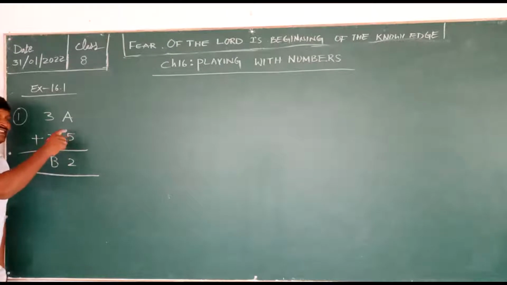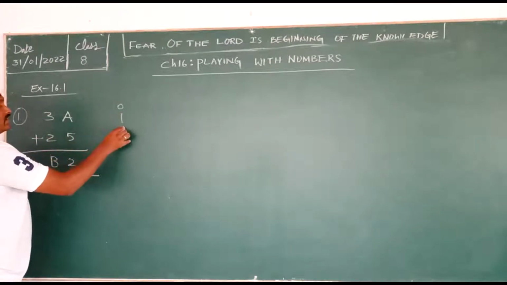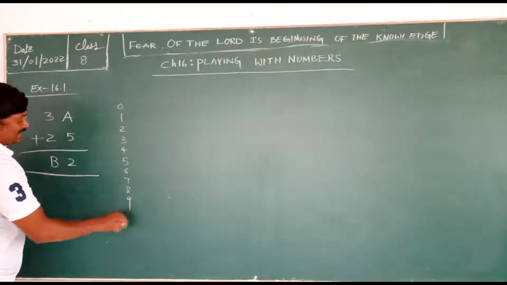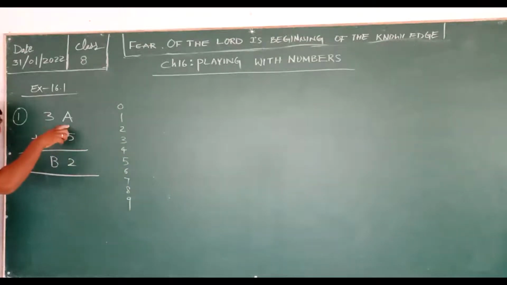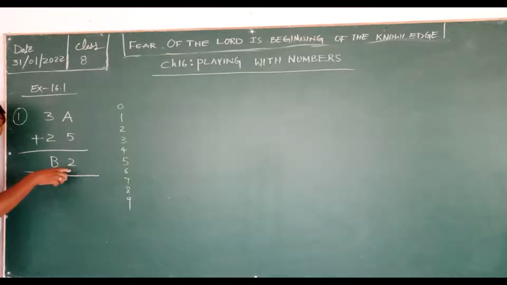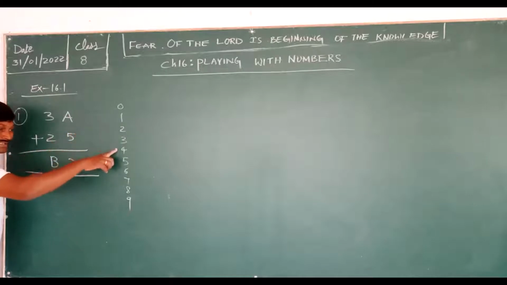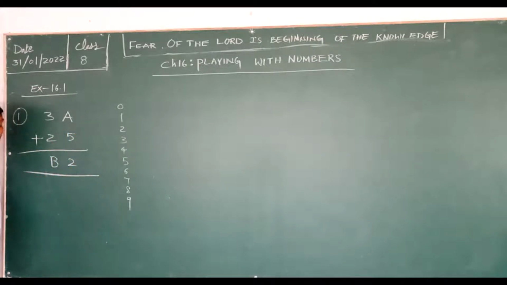Is there any digit, like 0, 1, 2, 3, 4, 5, 6, 7, 8, 9, to add to this to get 2? Positive digits, no negative digits. Remember, positive digits only: 1, 2, 3, 4, 5, 6, 7, 8, 9. So you understood that it is not possible to add some other number. We have to add a greater number. Then only you are going to get 2.